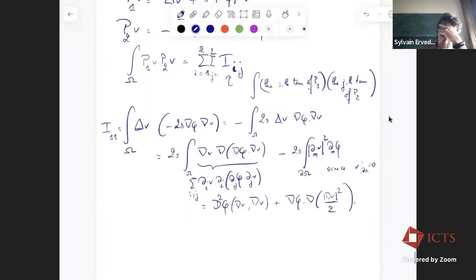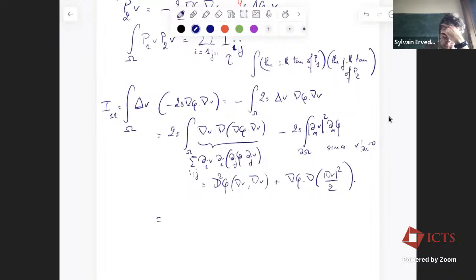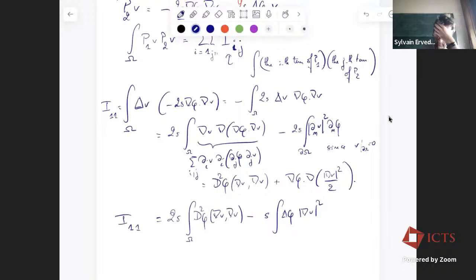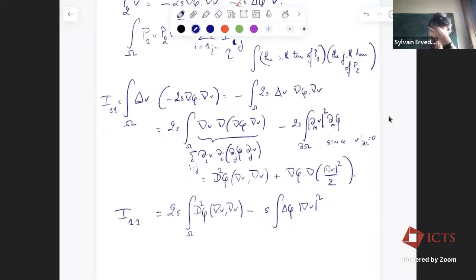And so, of course, on this one, I will also do an integration by parts, so that I11 would be 2s d2 phi gradient of V minus s Laplacian phi gradient of V square. So the two cancels. There is also one additional term coming on the boundary from the integration by parts, so at the end you should have this: dnV square dn phi.